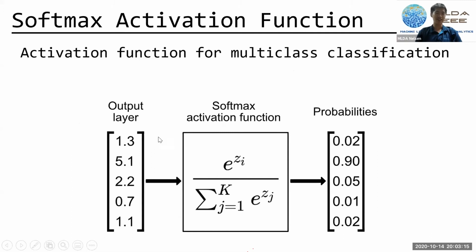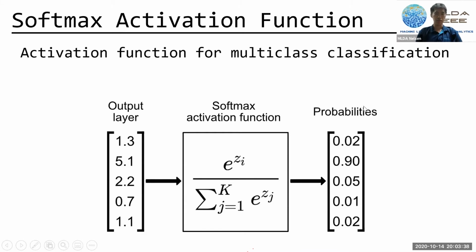What the softmax function does is that once you have the output layer and the loss is very low, so all the training has been done, you put this into the formula, which is basically e to the power of the number divided by the sum of e to the power of all the numbers here.